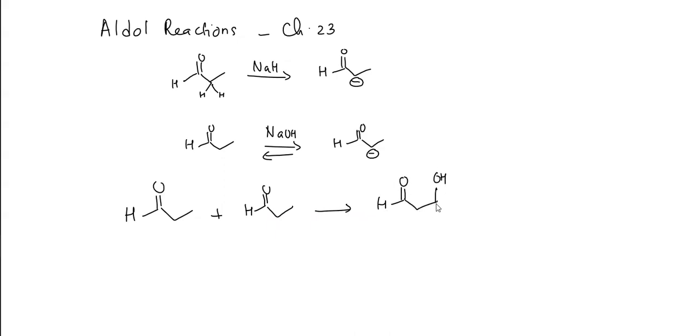Okay, so this is the final product that will be formed. So if you see, we have combined these two aldehydes to form what is called an aldol. Okay, so put the equilibrium arrow, and then the conditions that we need are sodium hydroxide followed by hydrolysis. Okay, so this is the reaction which is called the aldol addition reaction. We'll look at the mechanism in a minute.